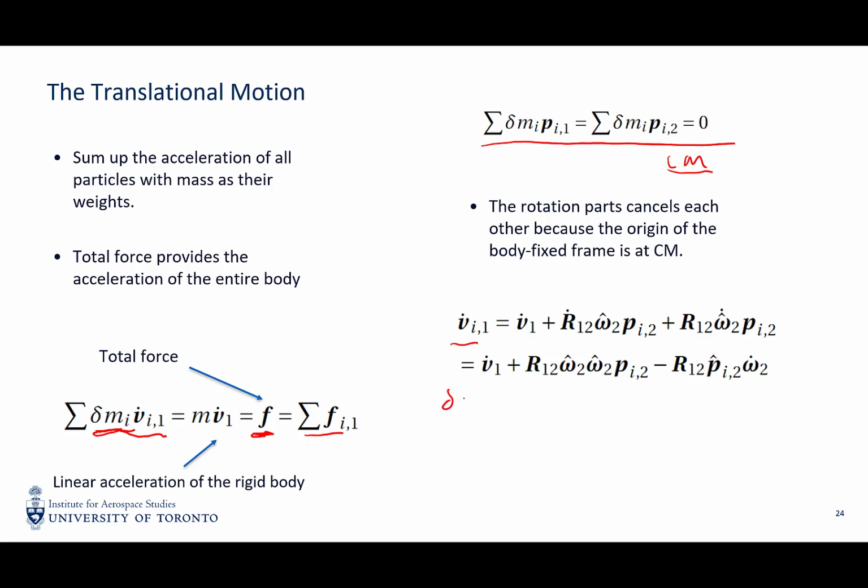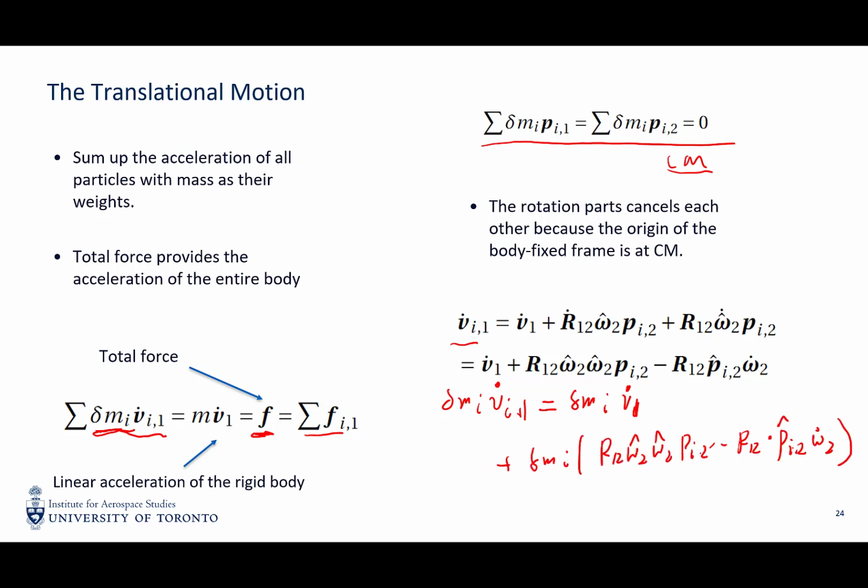Delta mi times vi1 dot is equal to delta mi times v1 dot plus delta mi times the entire remaining term. So we apply Newton's second law, and by replacing the inertial acceleration of each point mass with the term we just obtained from the kinematic analysis, we have the following.